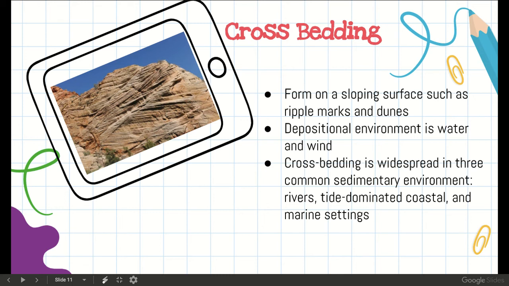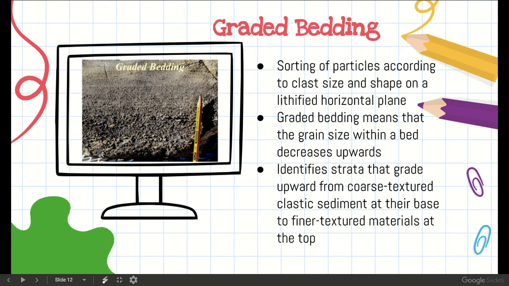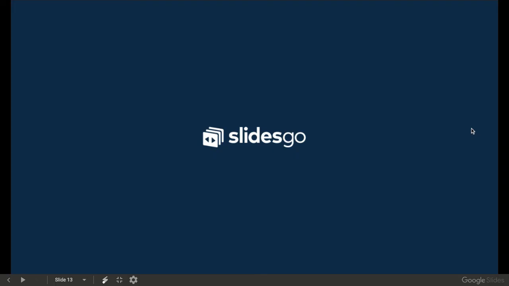If you could slice open a sand dune, you would see all these different lines based on which way winds were blowing and which way sand was coming from. So you'll typically get a lot of cross bedding in a sand dune environment. And then graded bedding, where you can see larger stones on the bottom and smaller stones the further up you go. You'll see these a lot in stream beds, river beds, that sort of thing.